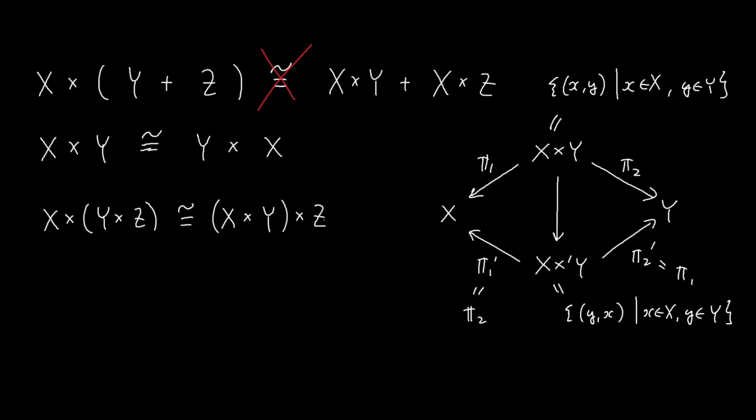We can go further in these isomorphisms and establish that each of the sides of this law is also isomorphic to the product of three things. We defined such a thing before: the product of xi, where i goes from 1 to 3, where x1 is defined as x, x2 is defined as y, and x3 is defined as z.